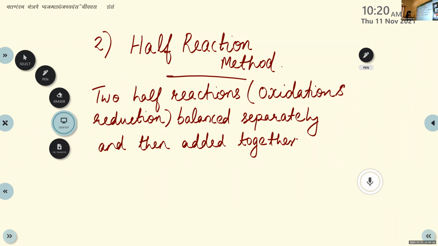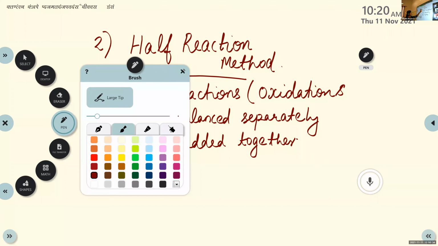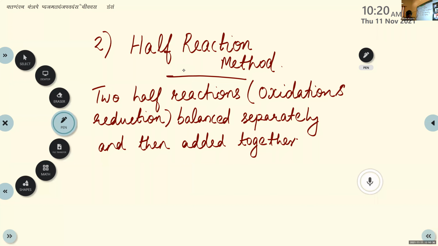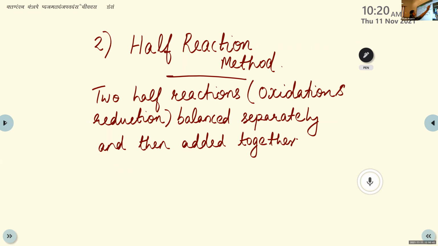So here also this half reaction method, there are different steps. So through different steps we can balance this redox reaction. So these are the two methods. First one, oxidation number method, that is related with the oxidation state or oxidation number of element. And the second method is half reaction method, that is using the two half reactions, oxidation and reduction. Clear? This is clear, children?